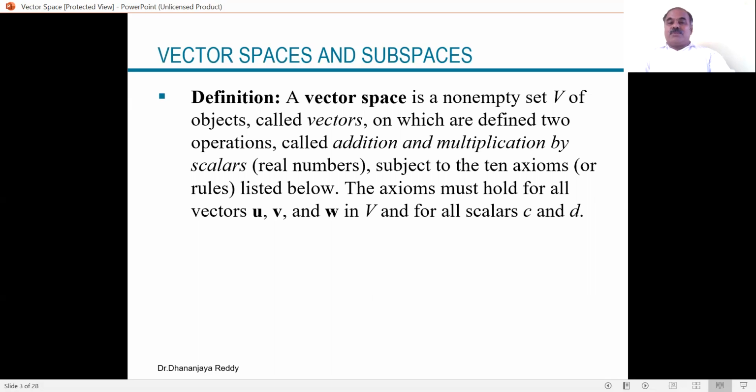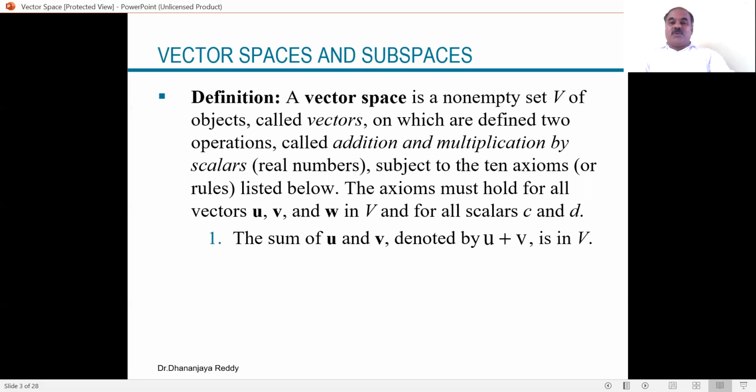So, on which two operations, that is addition and multiplication by scalars, are defined, subject to the following 10 axioms, that is the rules given below. The axioms must hold for all vectors u, v, w in the set of vectors capital V and for the scalars c and d.